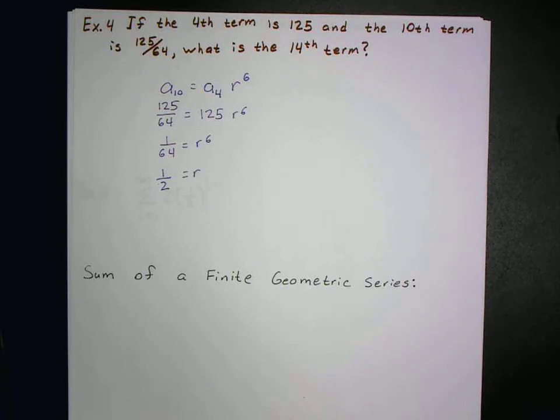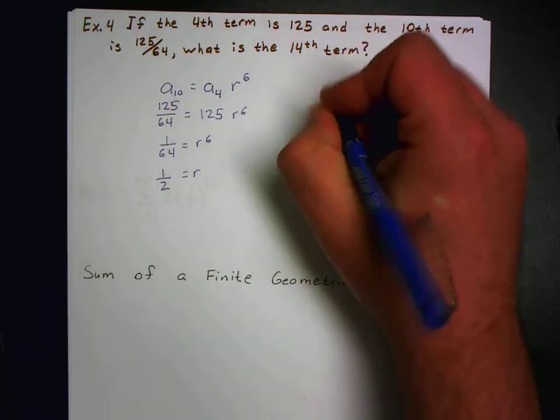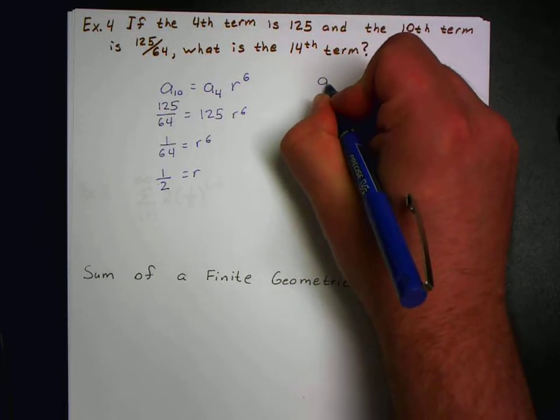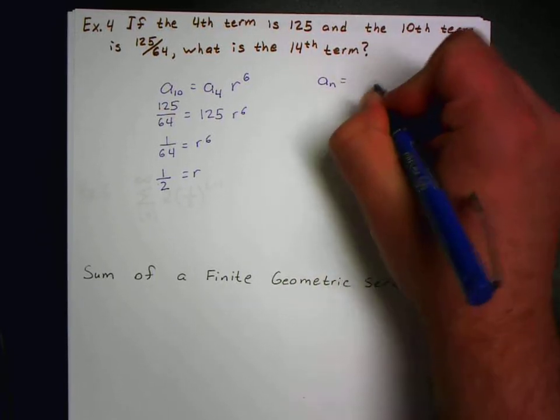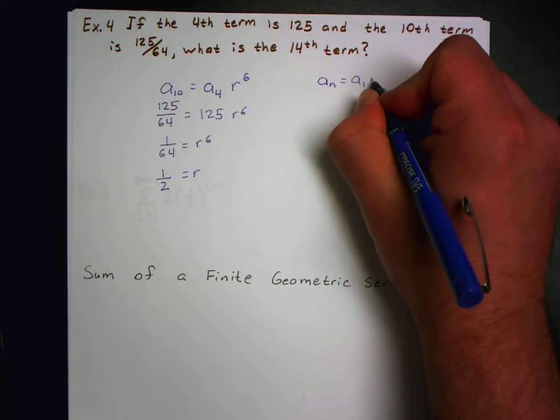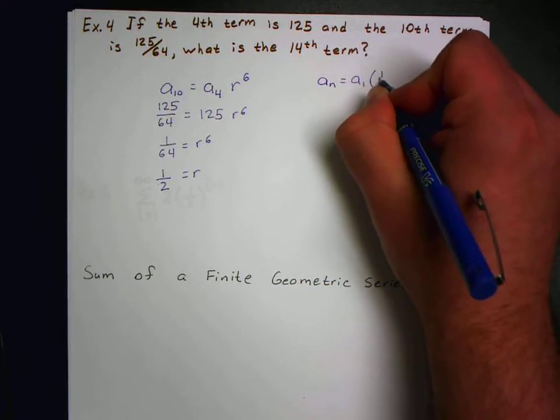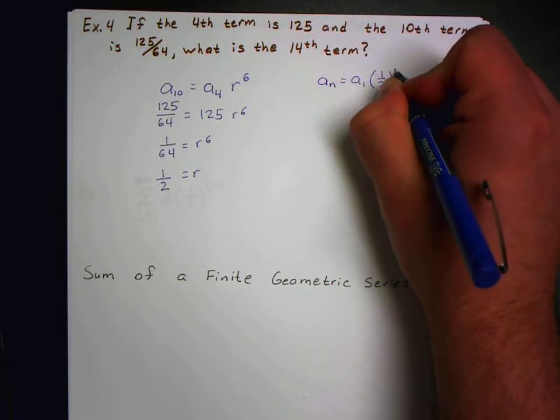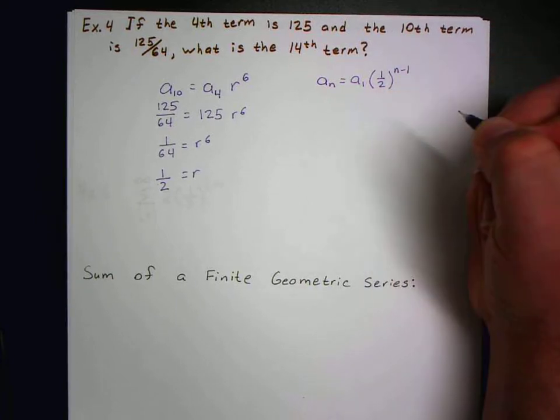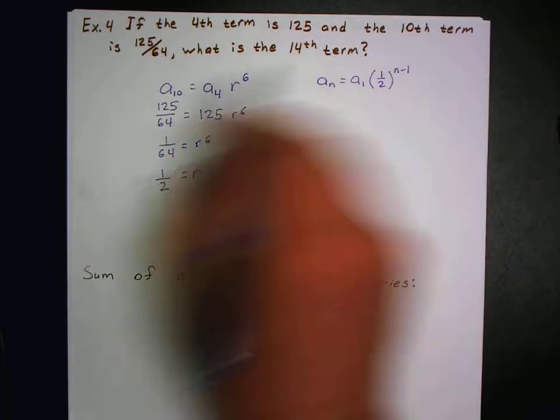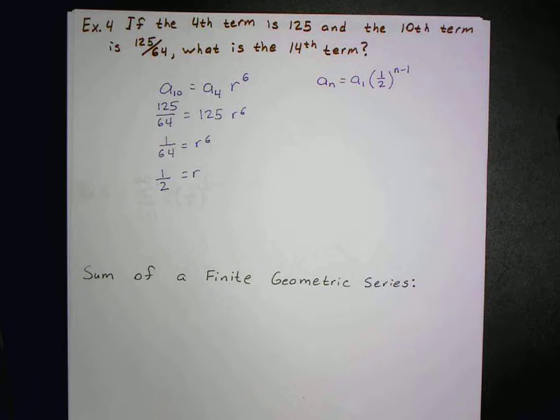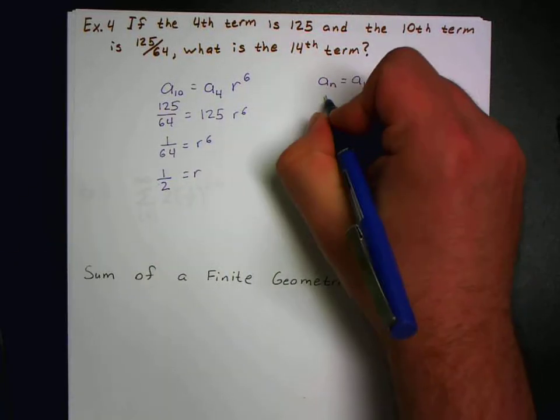Okay, so now what? Yeah, I'd have to find A1. So A_n equals A1 times 1/2 to the n minus 1. Now I could use either one of these to figure out what A1 was. Do 4? Okay.